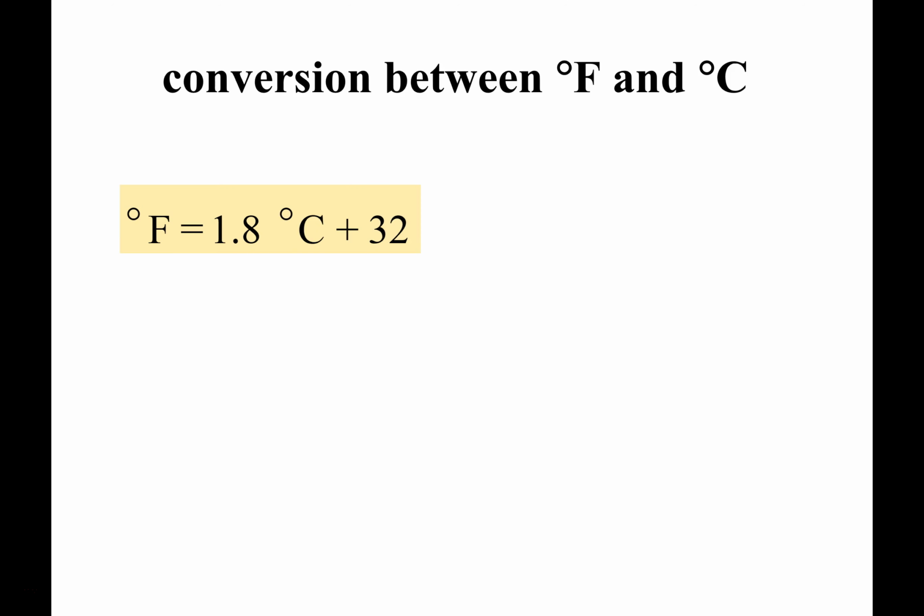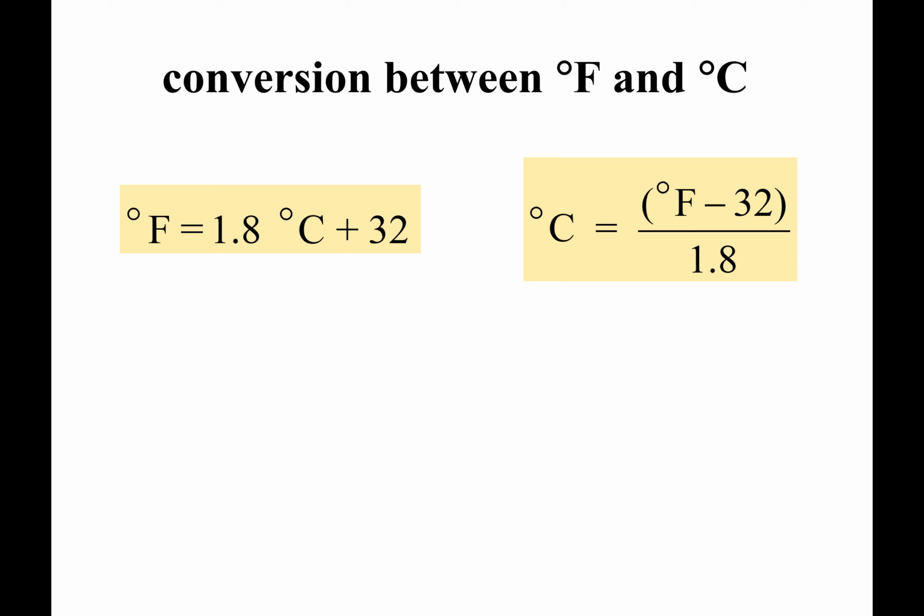All right, so going back and forth between the two. The way you read this is you plug in a Celsius quantity if you want to get Fahrenheit. So you can get Fahrenheit if you're given Celsius using this. If you have Fahrenheit and you want Celsius, you would use this.